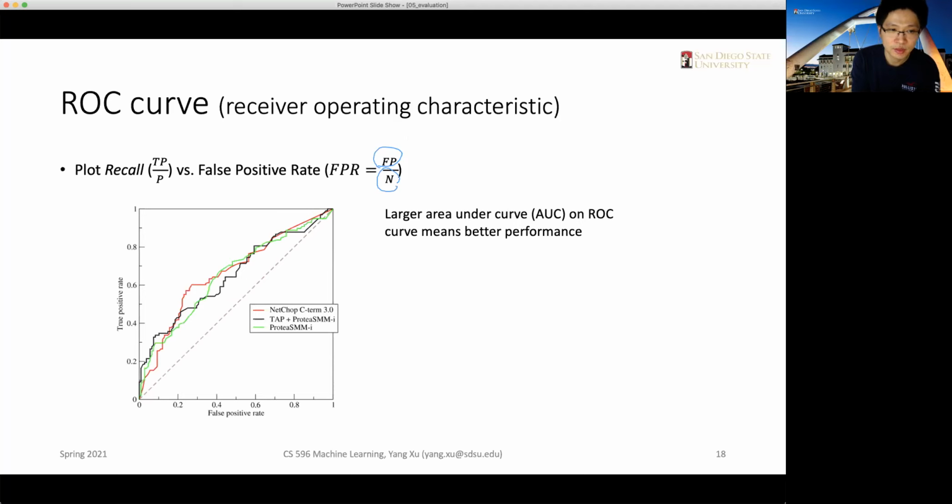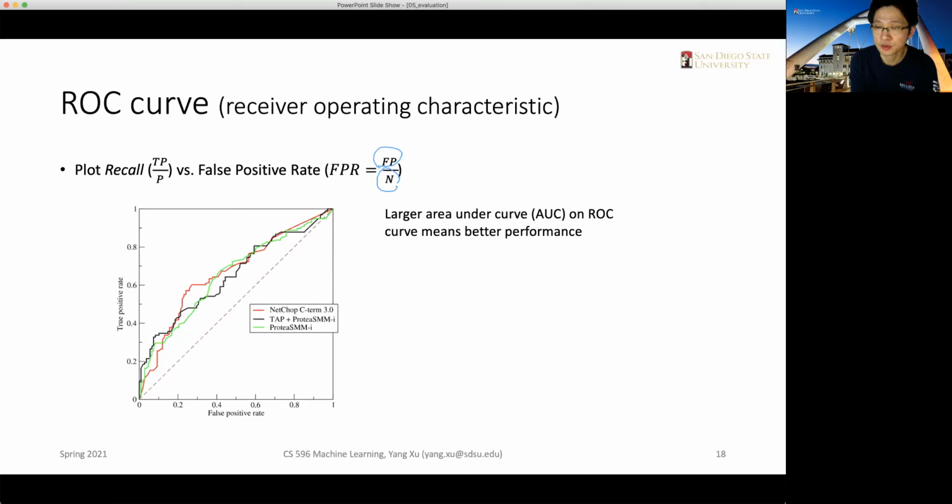Okay, so it means that we achieve a very high recall without losing too much on the false positive rate. Okay, without increasing the false positive rate too much. So this is another way to represent the trade-off between recall and precision, because when you try to increase the recall, it sometimes inevitably increases the false positive rate.